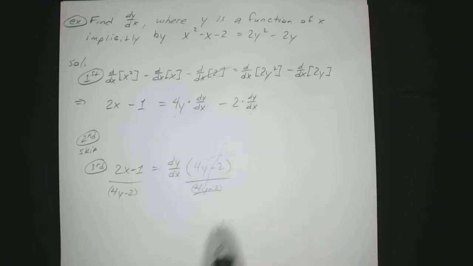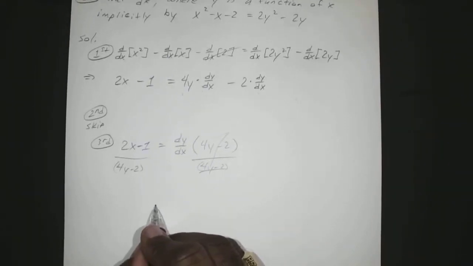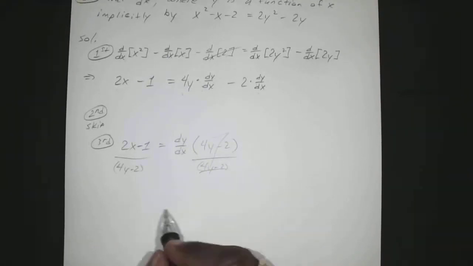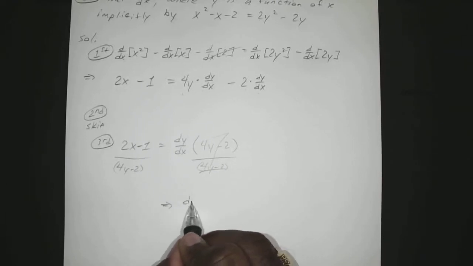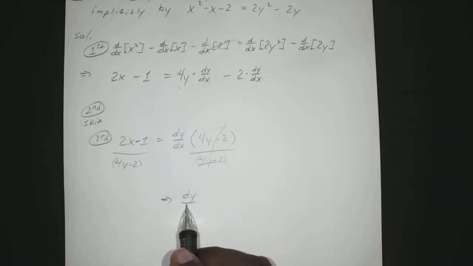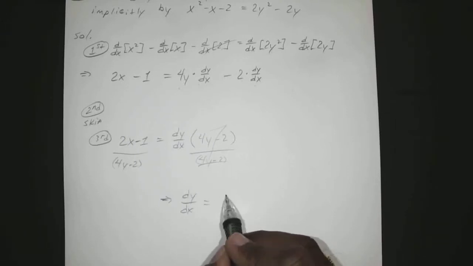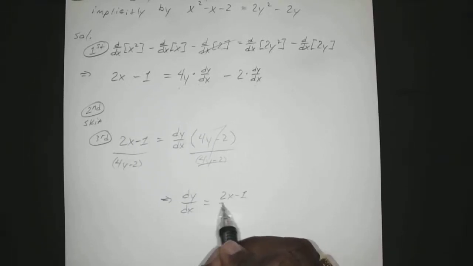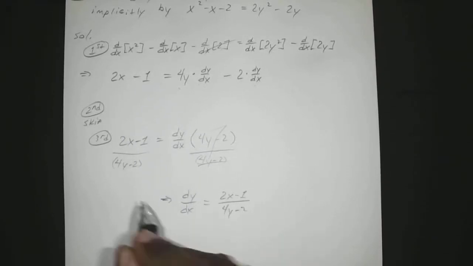So those two cancel out, and you end up with dy/dx equals 2x minus 1 over 4y minus 2.